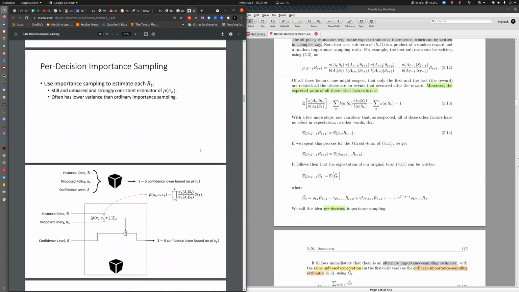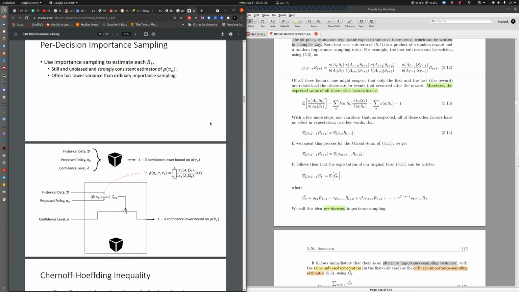The per decision one is still an unbiased and strongly consistent estimator, and it has lower variance than the ordinary importance sampling. So we can say that in real world implementation, this might have a larger impact, because of course the number of state spaces to choose from is small.